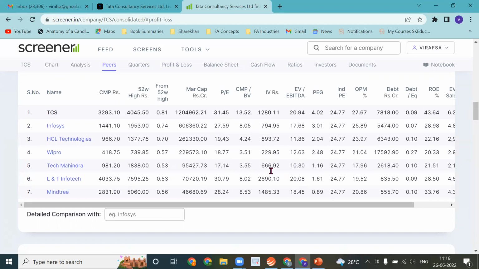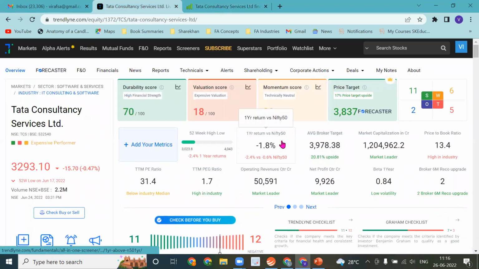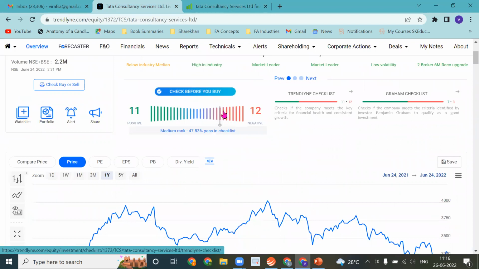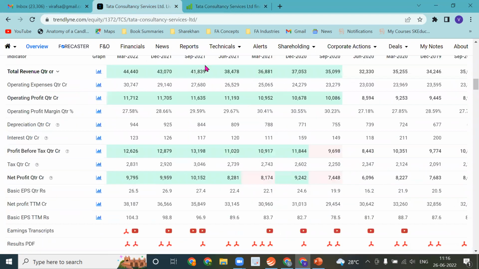Okay. So let's see here. TCS, fundamentals good, valuation expensive, technicals. So currently it is on this side of the chart. See the peers.